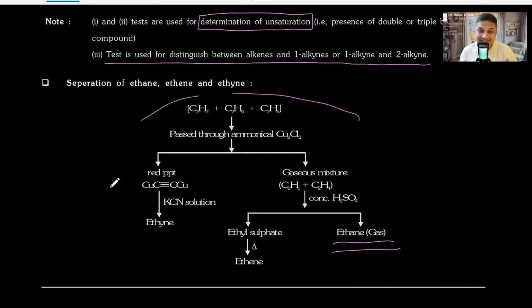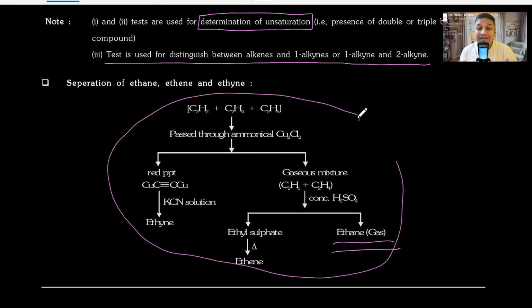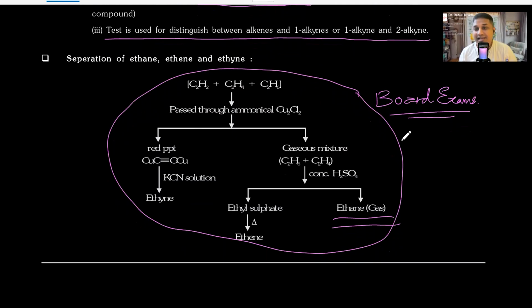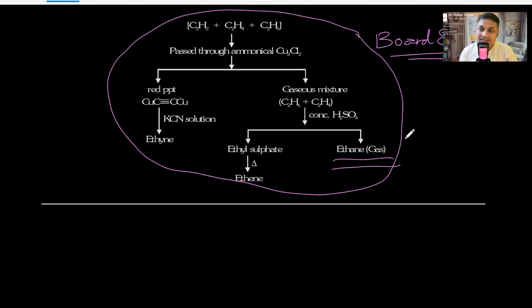Remember, this is a very nice thing, not just from the point of view of JEE Mains and NEET or any competitive examination, but also from the point of view of board exams. How do you separate ethane, ethene, and ethyne, alkane, alkene, and alkyne? Done. And with this, the chapter is over.